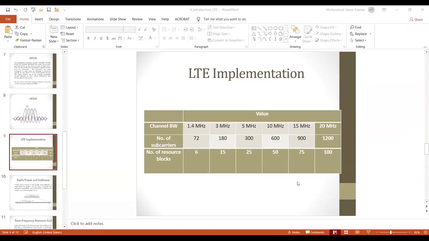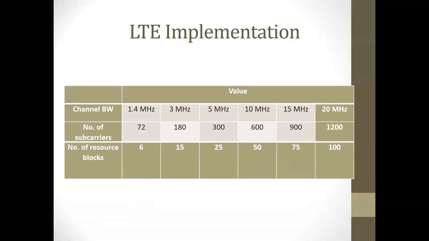What it does: if you have already 20 megahertz, but you need more, then you can have, say, another 20 megahertz. In the specification, the maximum bandwidth is 20, but you can have another 20 megahertz deployment, which may be contiguous or not, and you can have an aggregation of these two.